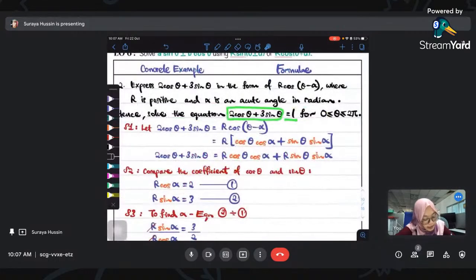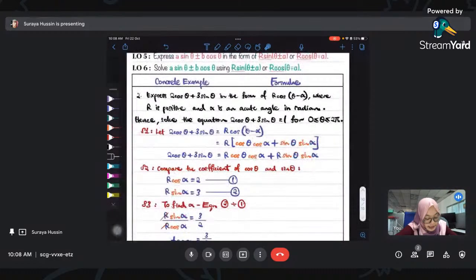This is the expression, right? This is the same thing, right? They are the same thing, literally the same. But the thing is, they ask you to solve equal it to 1. And so, bila dia equal to 1, meaning dia nak cari value of theta. Itu nanti saya masuk.